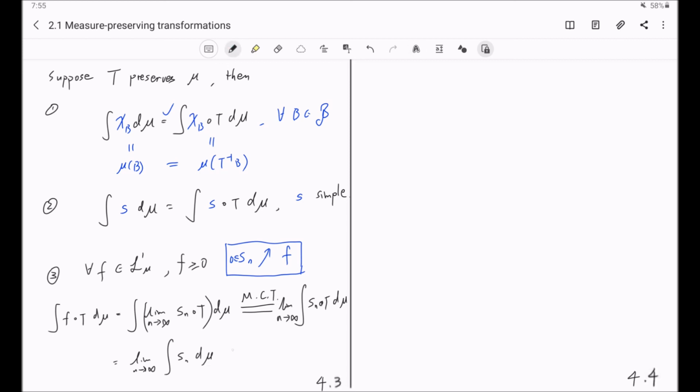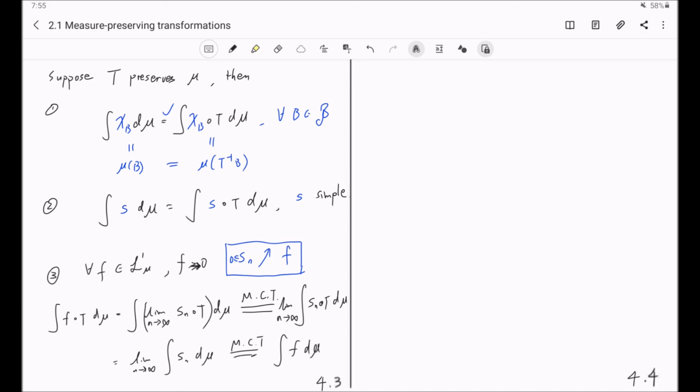Again, you will use the monotone convergence theorem to move this limit inside. Once you put this limit inside, the limit will give you f. So for the last term, let me skip one step to get the final conclusion that this is the integral of f. And this is what we want to prove. We just want to prove this is equal to this.